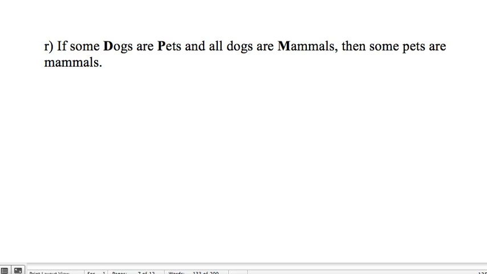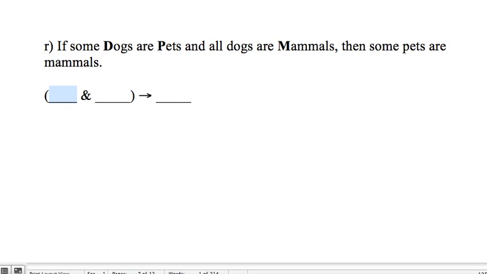So the form of this sentence is this. If some dogs are pets and all dogs are mammals, we've got to fill in those blanks obviously, then some pets are mammals. That's the overall form, so now we have to fill in these blanks.